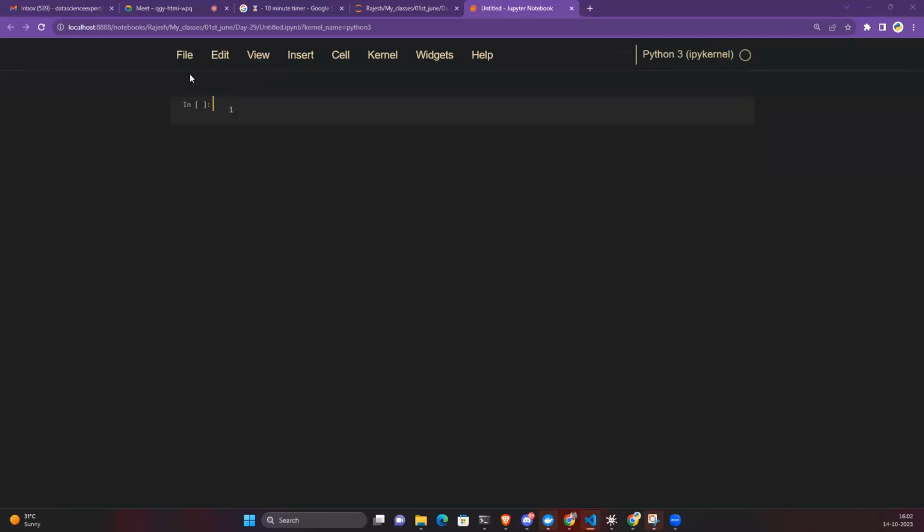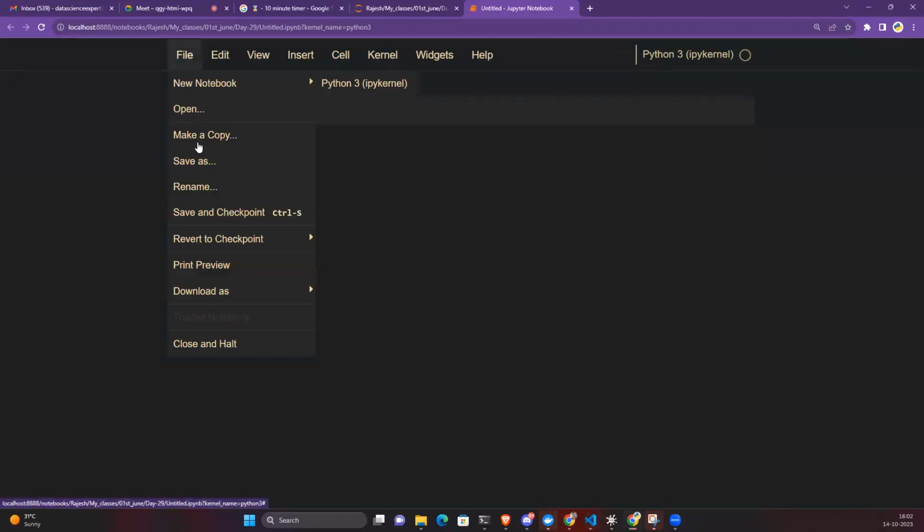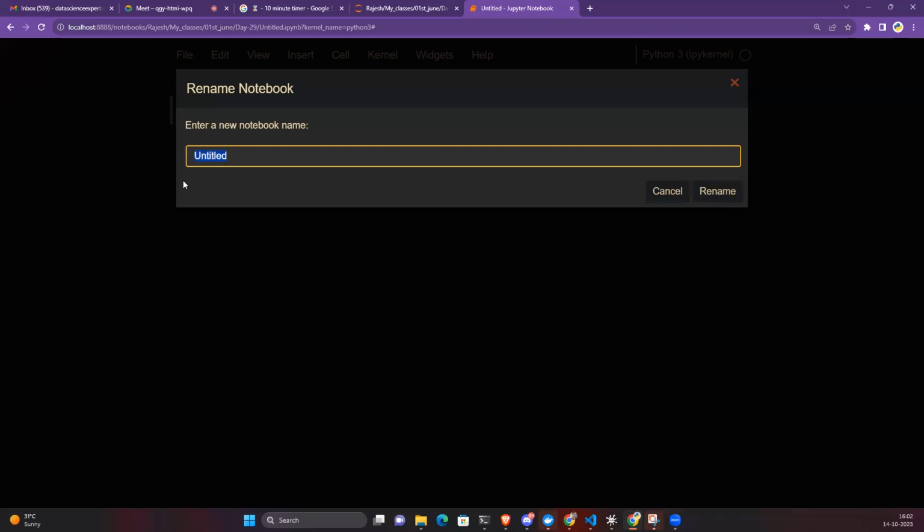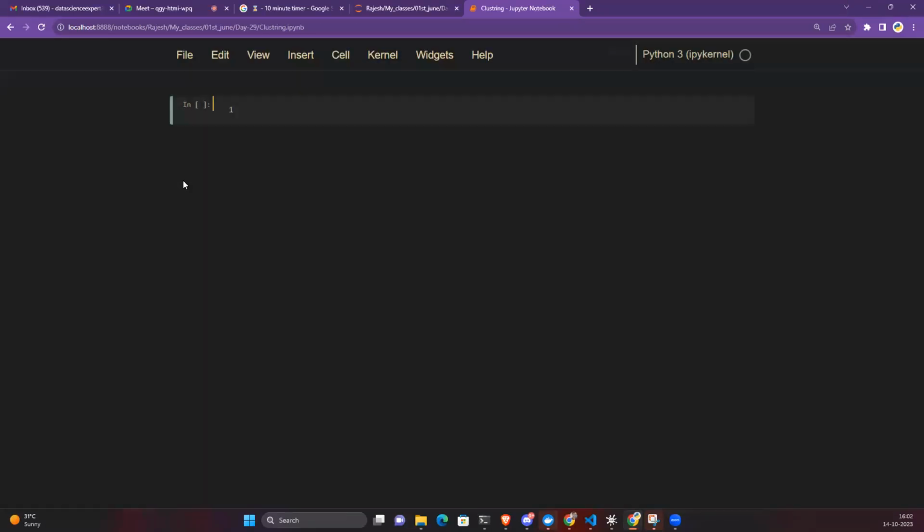So now what we are going to do is clustering. What are the things we are going to look at in clustering? What is clustering?